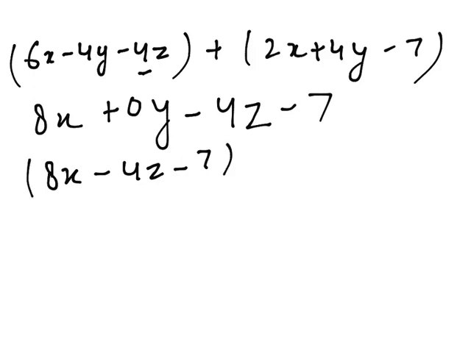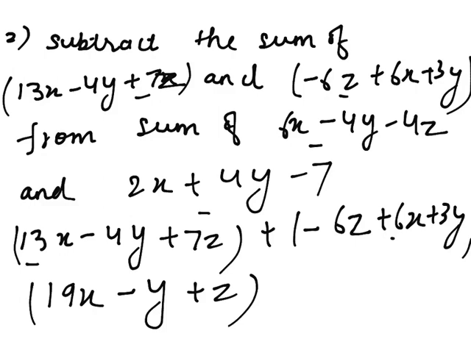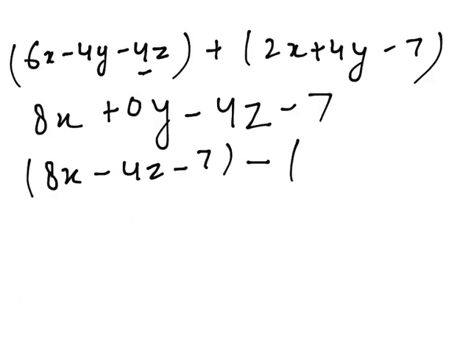So now what we have to do? We have to subtract the previous answer from this. So what we will do? We will subtract this one, 19x minus y plus z. Here we can write like minus 19x minus y plus z.